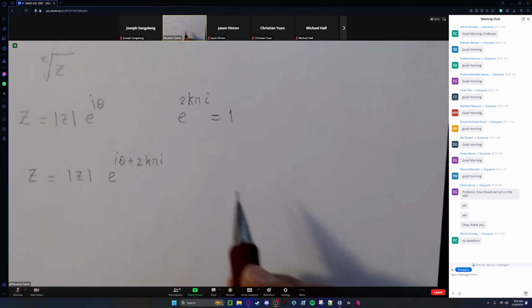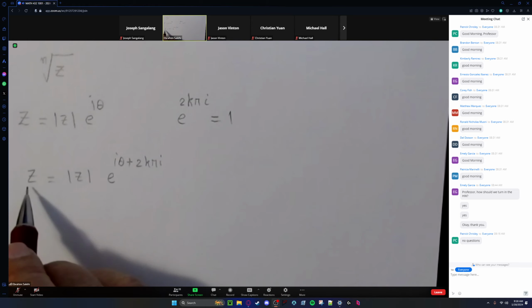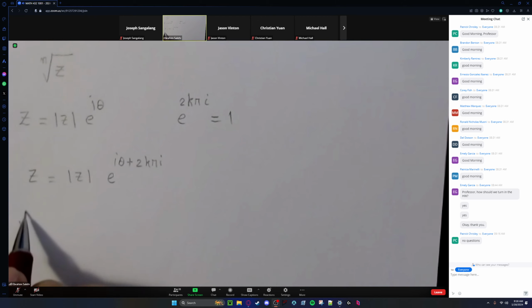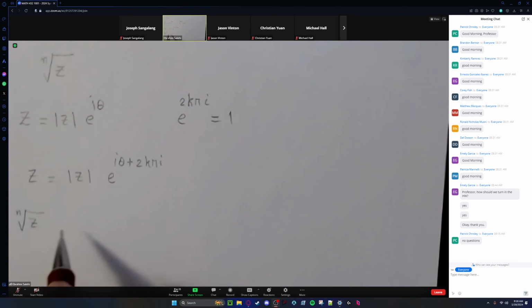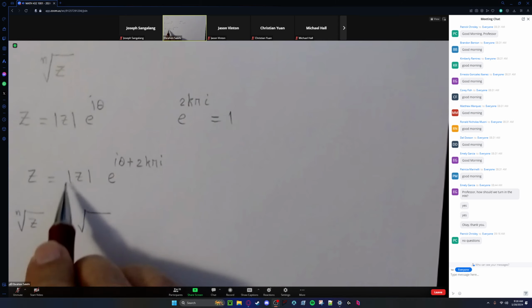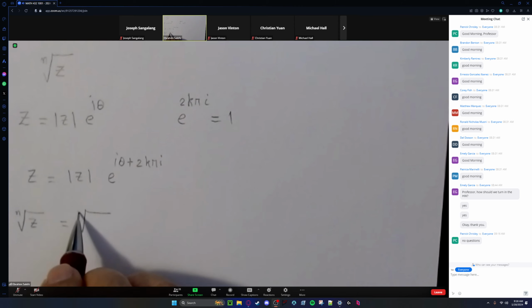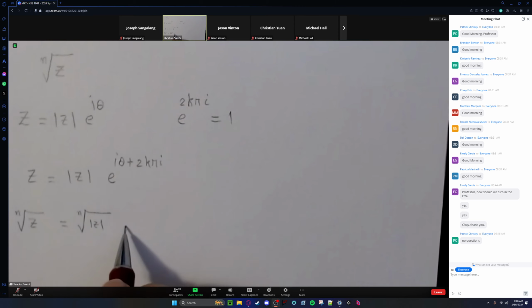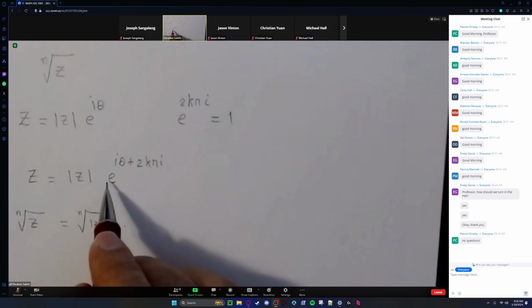Now you go ahead and take the nth root. Nth root of z is nth root of this number and nth root of this number.